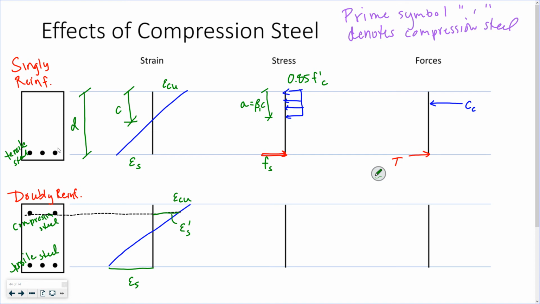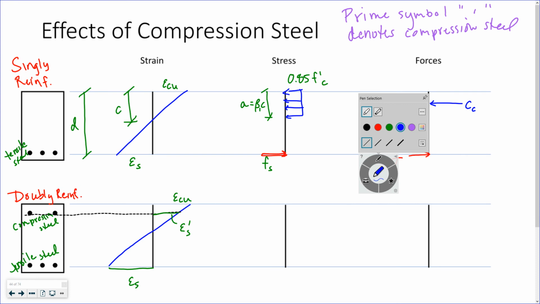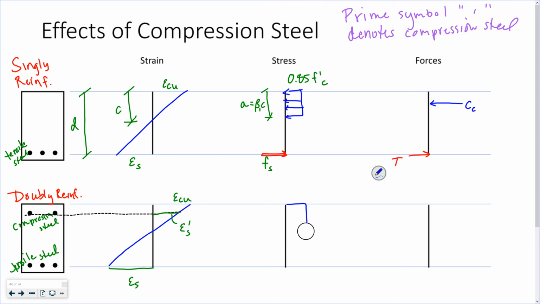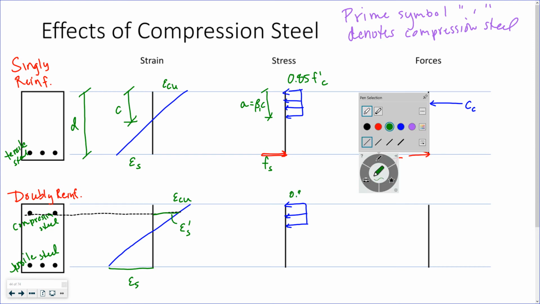I'm gonna stop right here for now. Well, no, I'm gonna keep going. As a result, let's see, trying to make sure that this looks shorter. You'll figure out why, but I have the stress from my Whitney stress block in my concrete with a value of 0.85 F prime C. I have the stress in my tension steel with a value Fs.